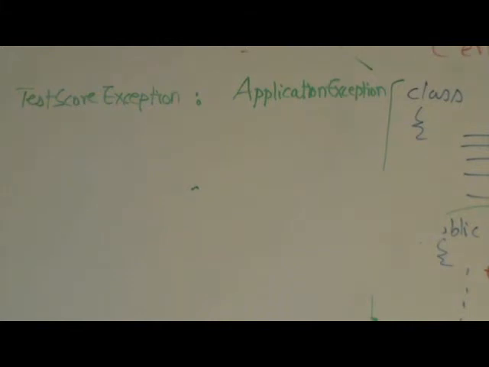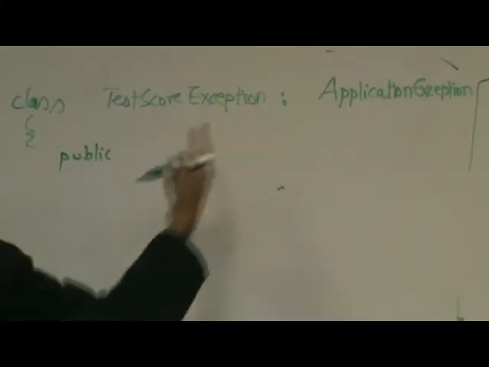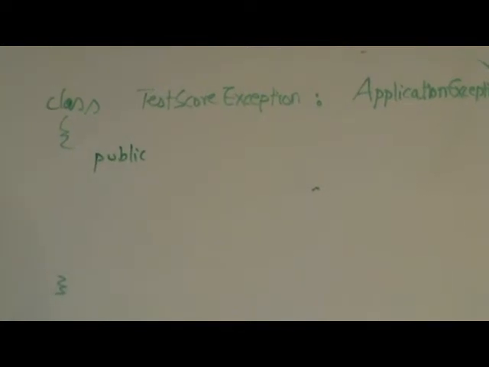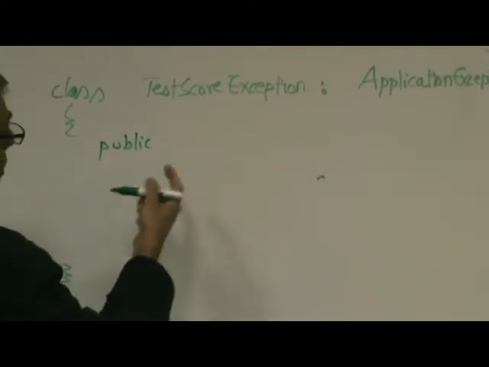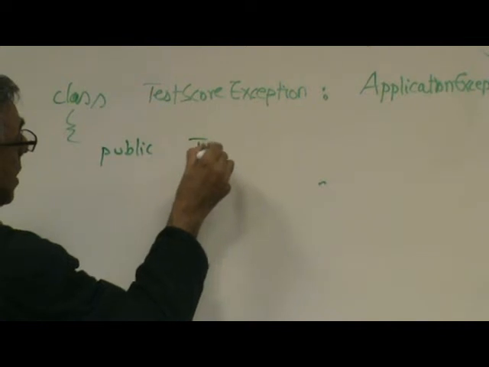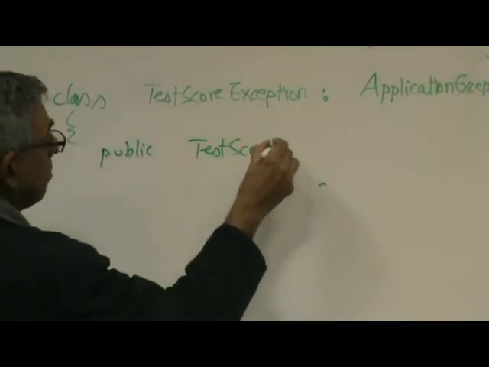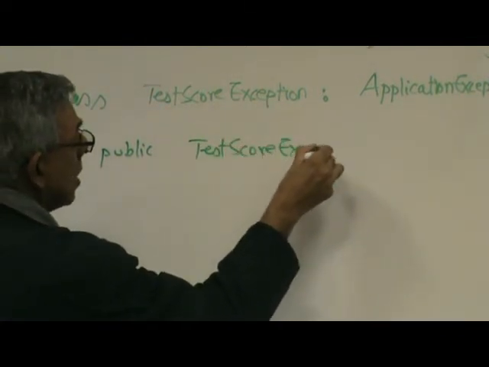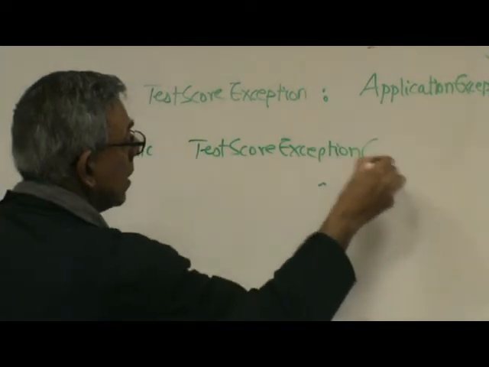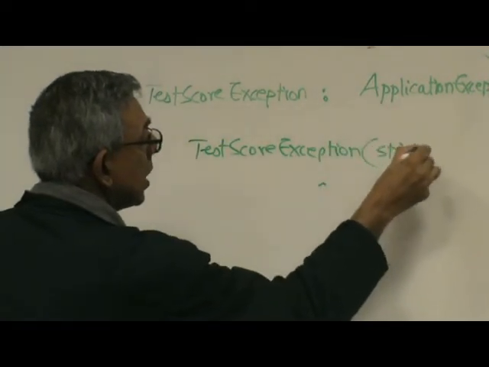So the first thing you will do is provide our own constructor so that somebody can pass us an error message. So you will say public test score exception, string message.